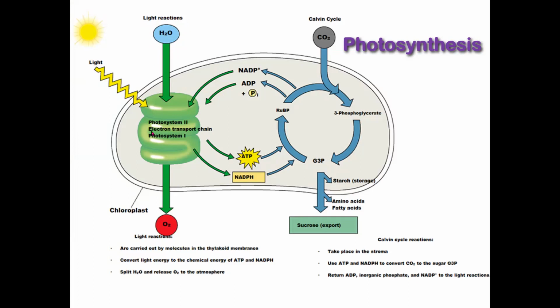The water is converted, the oxygen in the water is put together into O2, which is the oxygen that we breathe. What's left moves across to what's called the dark reaction. It's called the dark reaction because it does not require light. Not that it happens in the dark, it just doesn't need the light.